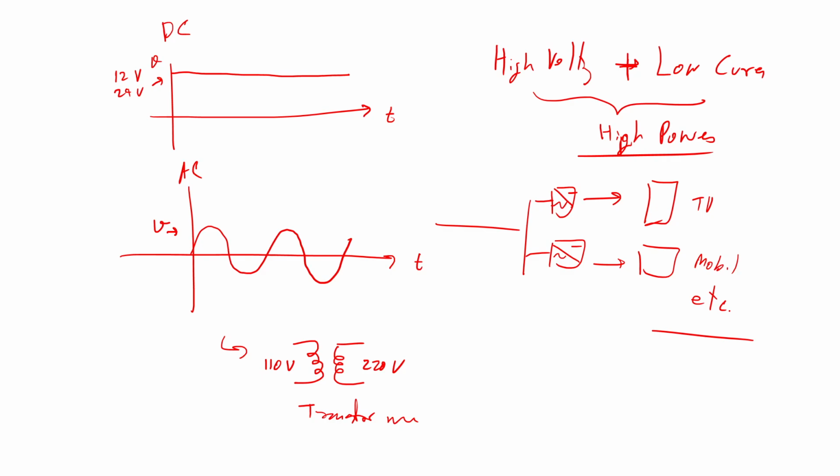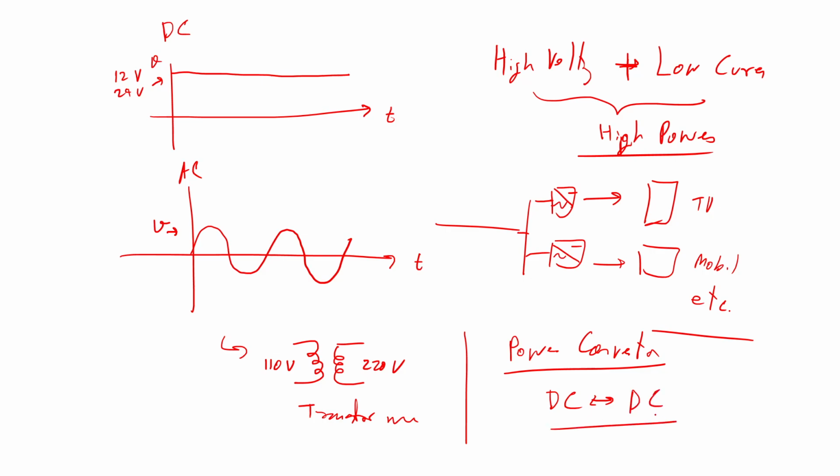When we come to end use, many devices nowadays are DC systems, mostly DC. And maybe in the future, with power electronic devices, power converters, we can convert DC voltage to DC voltage.